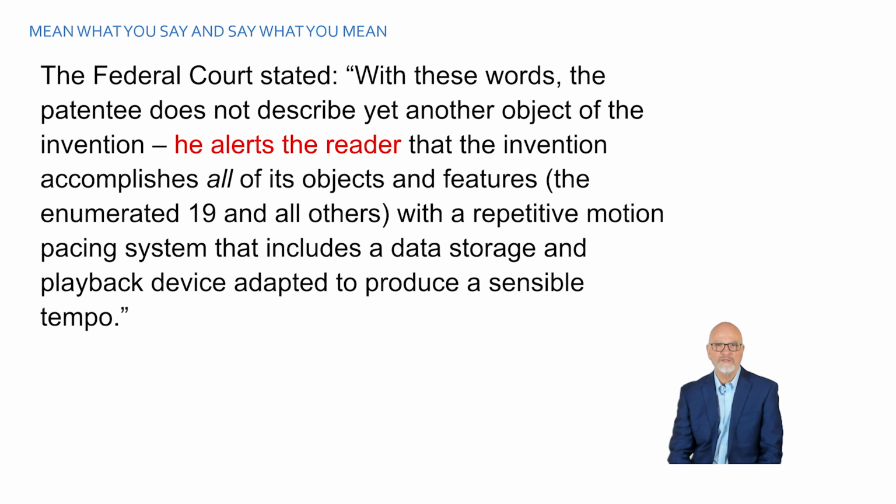The Federal Circuit stated that with those words, the patentee does not describe yet another object of invention, but alerts the reader that the invention accomplishes all of its objects and features, those 19 enumerated objects and others, with a repetitive motion pacing system that includes a data storage and playback device adapted to produce a sensible tempo.